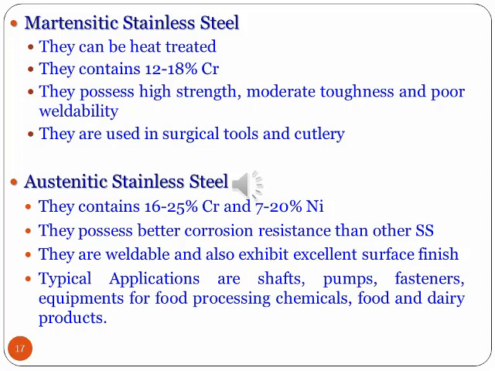They possess better corrosion resistance than other stainless steels. They are weldable and also exhibit excellent surface finish. Typically, applications are shafts, pumps, fasteners, equipment for food processing, chemicals, the food industry and dairy products.